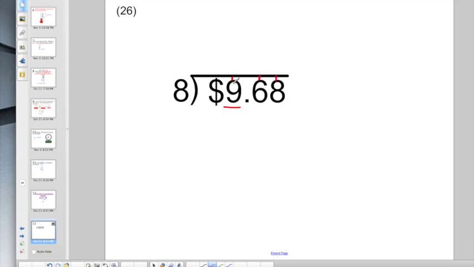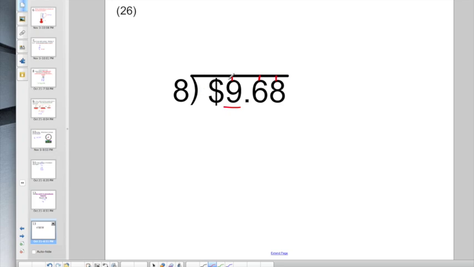If you end up with a quotient that is not 3 digits long, you automatically should know you did something wrong. And the other heads up, since it's a money problem, there's never any remainder in a dividing money problem in this book. So let's start off.